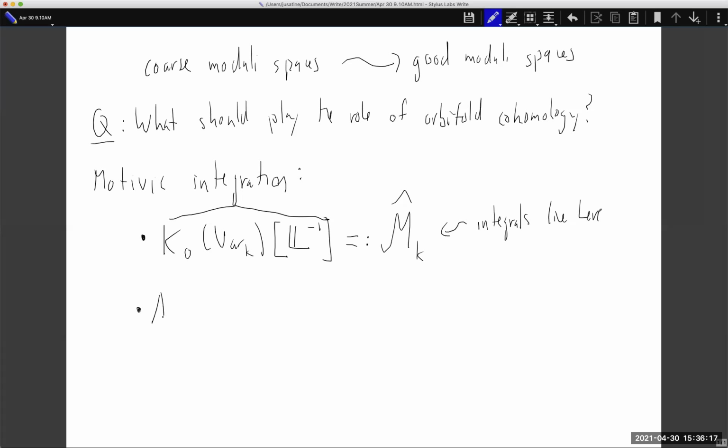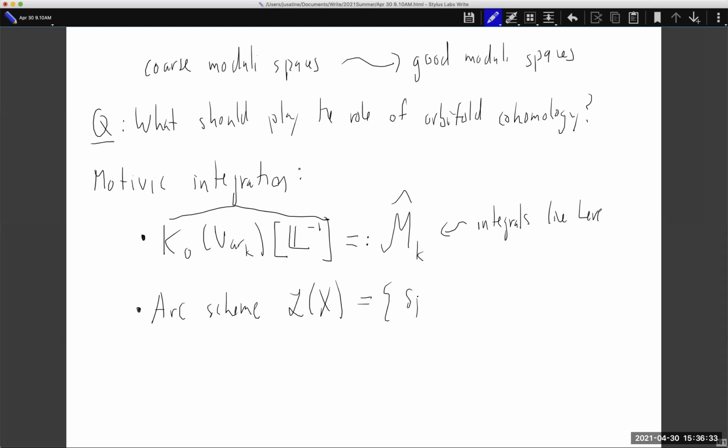So the second ingredient that I want to introduce is the so-called arc scheme of the variety X we started with. I'll use the notation L of X for this arc scheme. And what is this?